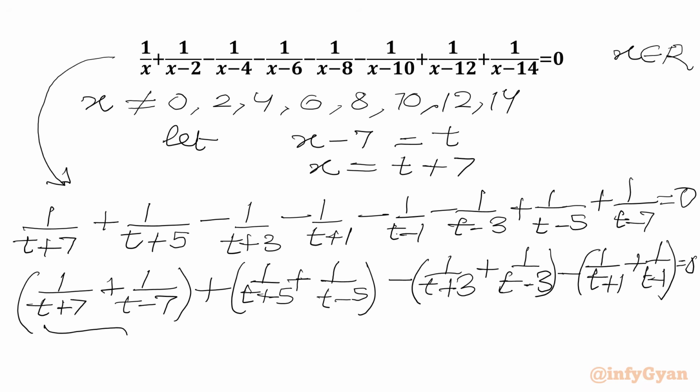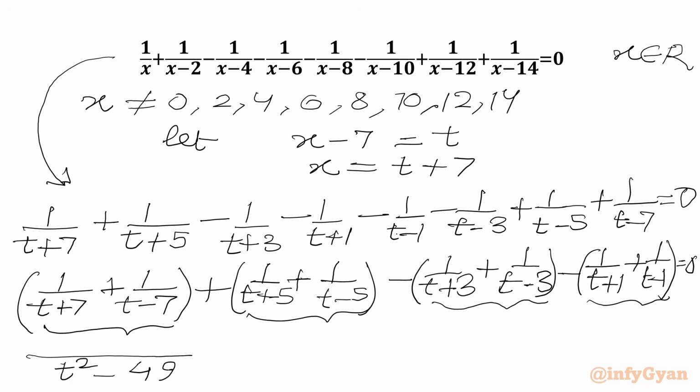Now we are going to take LCM over here. So the common denominator will be t square minus 49, using the difference of two squares formula: a plus b times a minus b is a square minus b square. So I will write t square minus 49 once we multiply both the denominators. In the numerator t minus 7 plus t plus 7 gives us 2t.